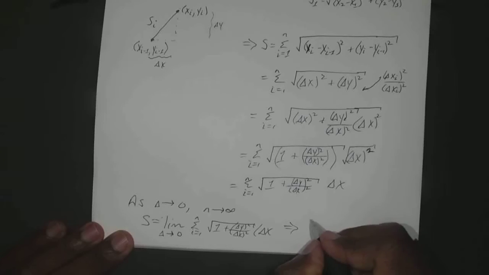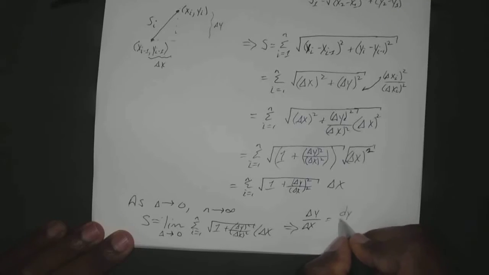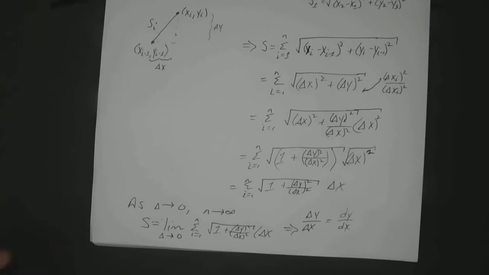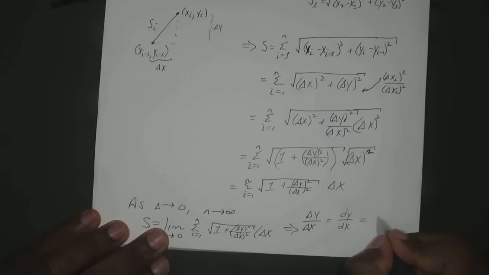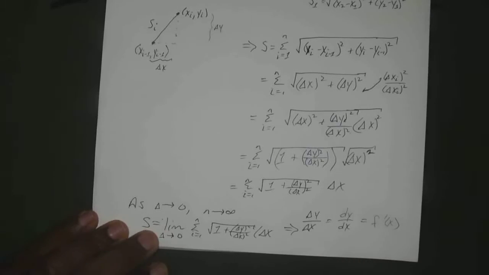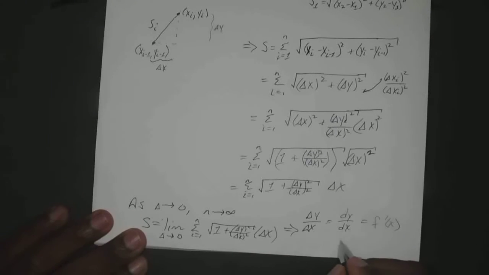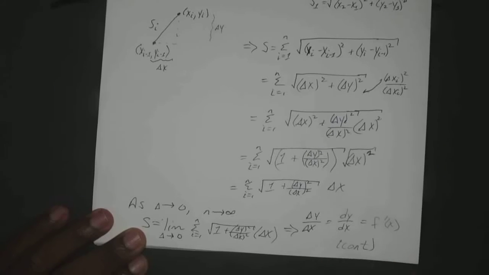Okay, so we know that our delta y over delta x is just our dy over dx, which is f prime of x. Okay, so we'll continue that on the next page.